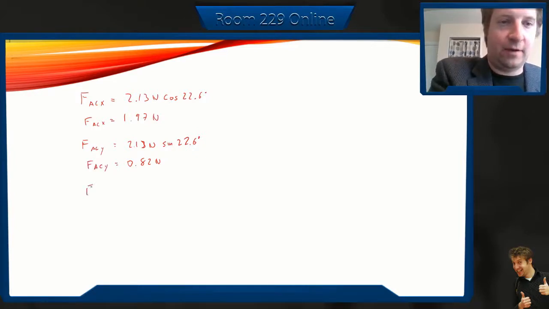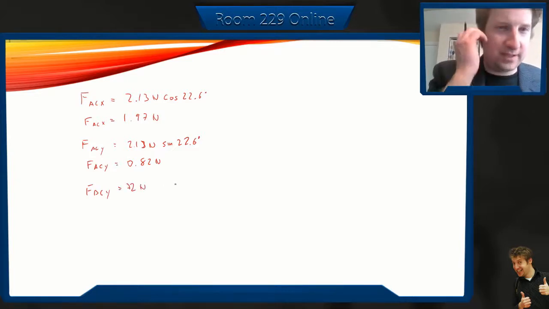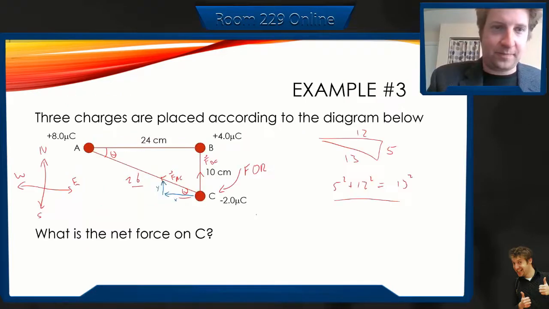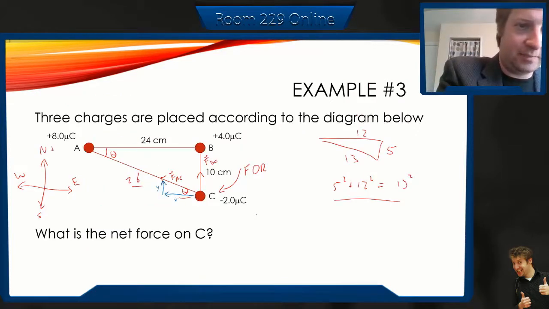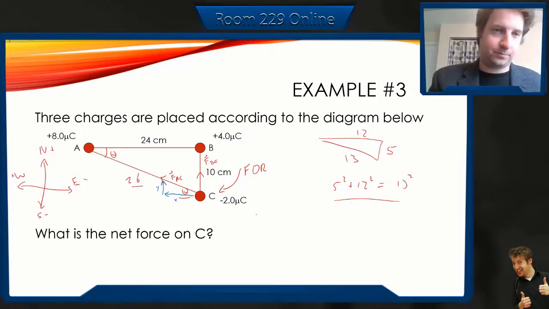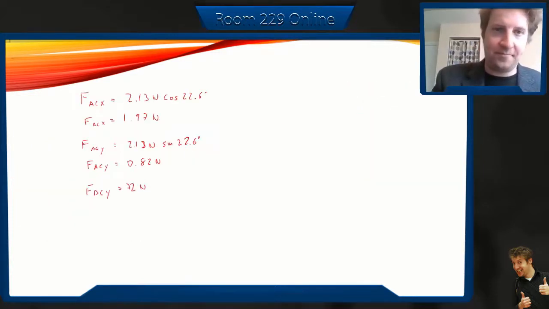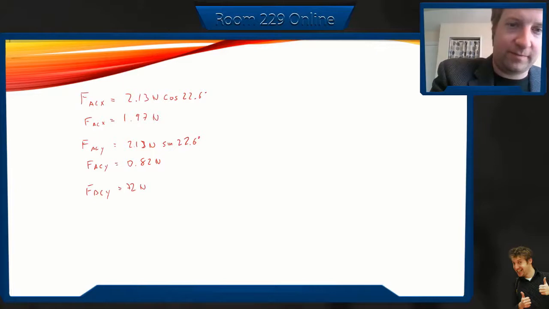And F of B on C only had a y component, which was 7.2 newtons. I should say that west is positive, and these two are north, also positive.